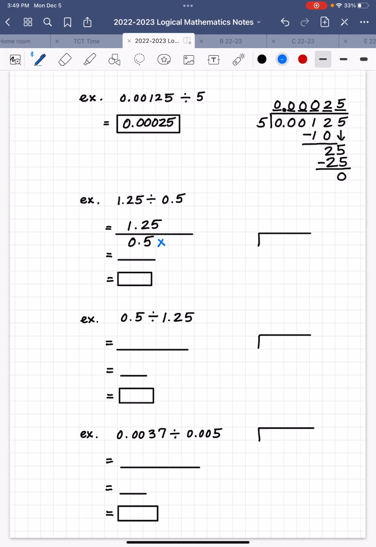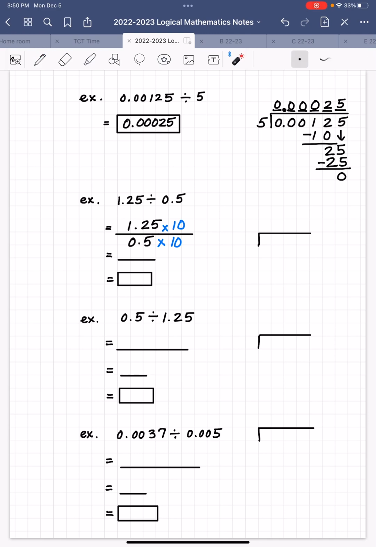So what do I have to multiply the denominator by? What power of 10? Well, let's see how many decimal digits there are, that are digits to the right of the decimal point. I have 10 to the first power, or simply 10, because there's one decimal digit. Because I want to make an equivalent complex fraction, I'll multiply the numerator and the denominator by the same number, which is 10.